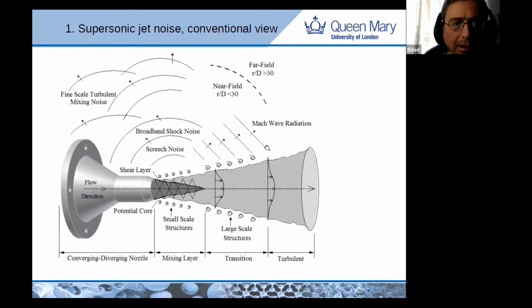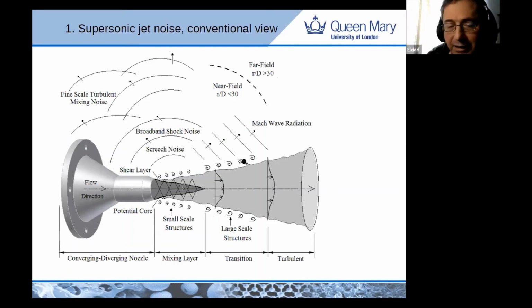So the first topic is supersonic jet noise. This diagram was made by one of my previous PhD students, and it has the three known components of supersonic jet noise. The first one is the Mach wave radiation, which is created because we have eddies propagating at supersonic speed, and they are like little projectors, but with finite time span.